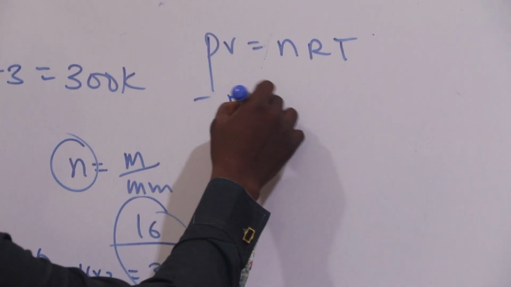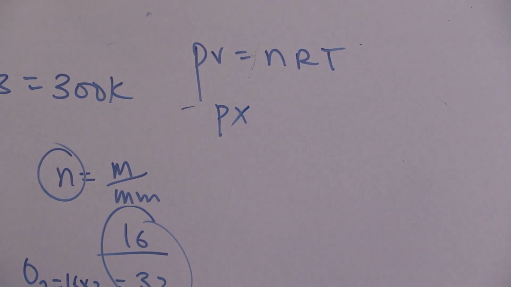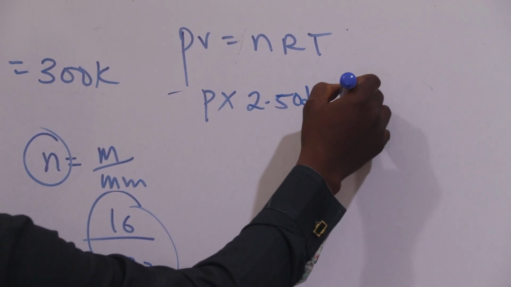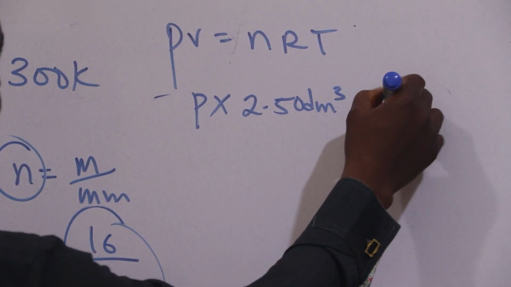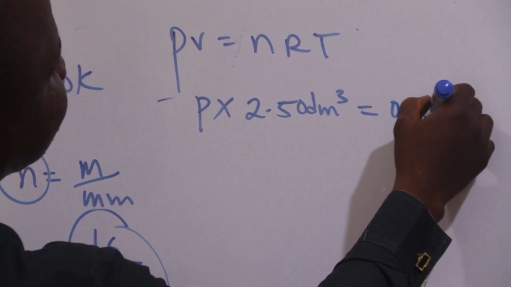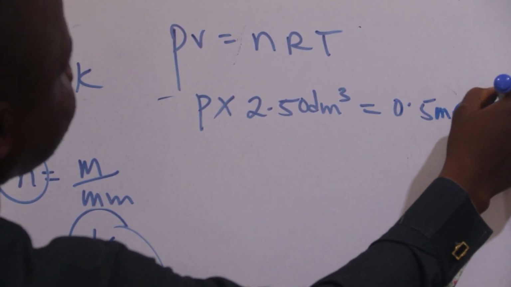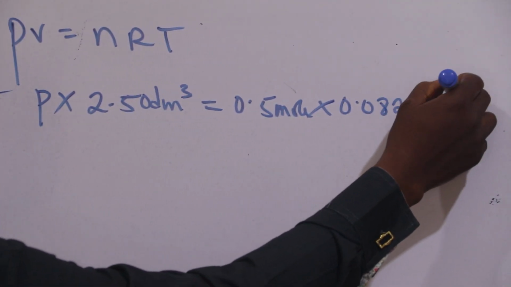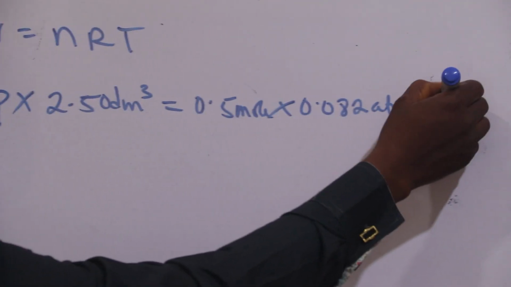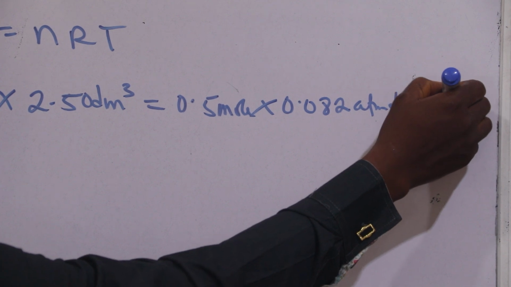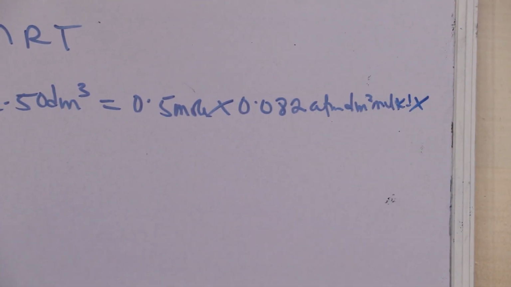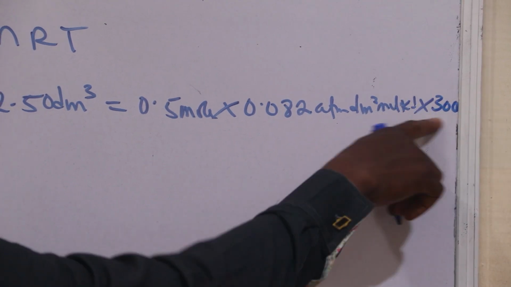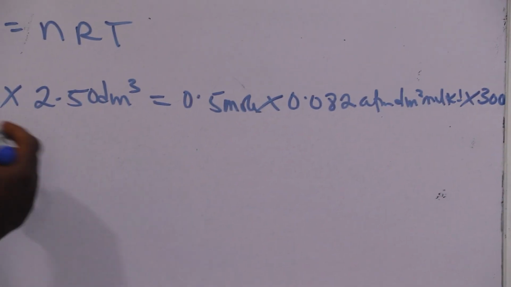Let's substitute our volume. P multiplied by V, which is 2.5 dm³, equals 0.5 mole multiplied by 0.082 atm dm³ per mole per Kelvin, multiplied by our T. Our T is 300. Can you see 300? So let's make P the subject of the formula.